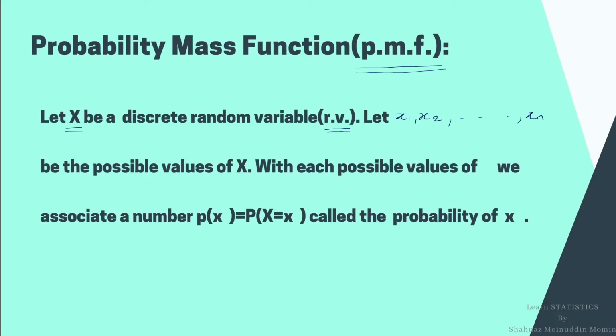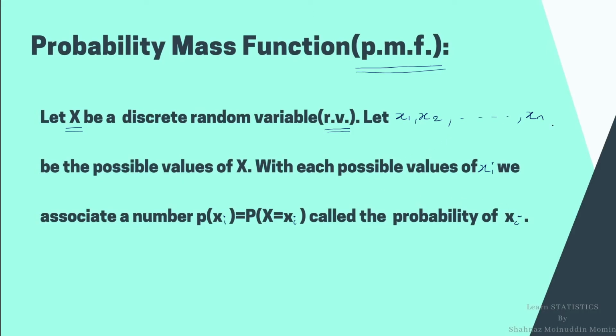With each possible value xi, we associate a number p of xi, that is nothing but the probability that x has value xi, called the probability of xi.